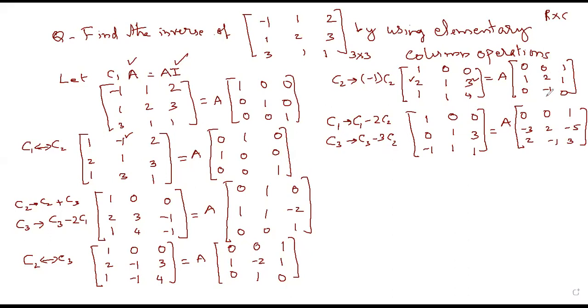Minus 6 plus 1, minus 5, minus minus plus, 3, correct. So at last we got, here also 0, I forgot to write here 0.